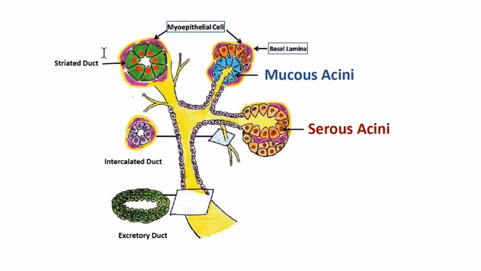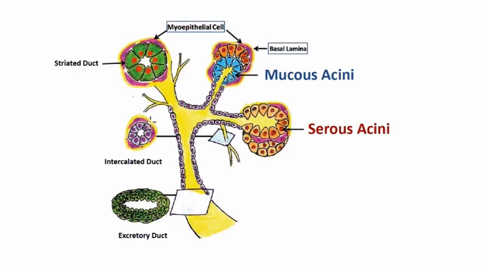In the electron microscope, the striations show many enfoldings of the basal membrane with numerous parallel mitochondria. They are ion transporting cells, so we need active transportation.